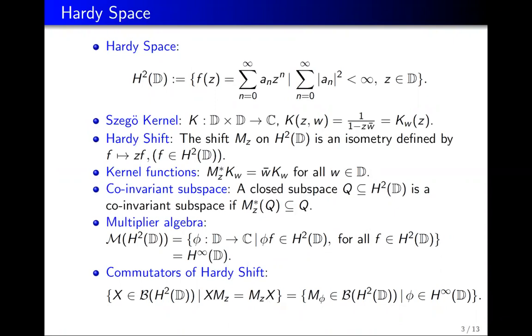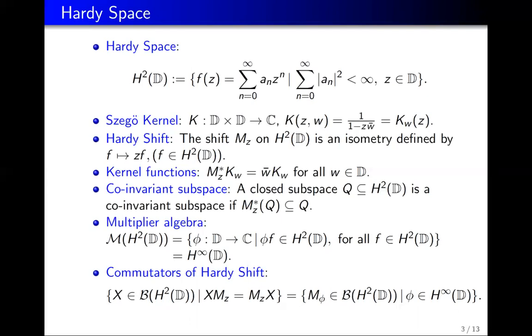So that's the connection: finding a bounded analytic function phi is the same as finding a bounded operator on the Hardy space which commutes with M_z. That's the connection Sarason observed.